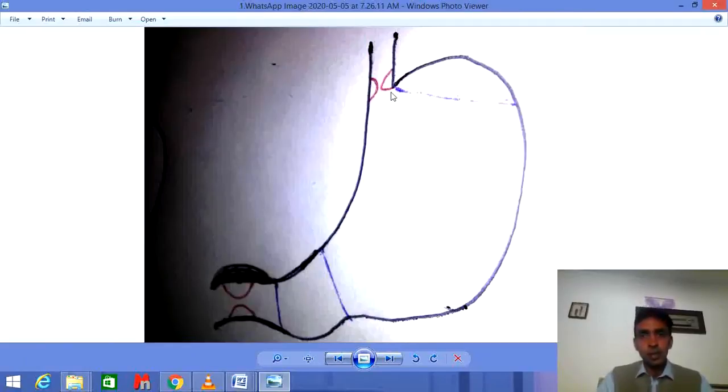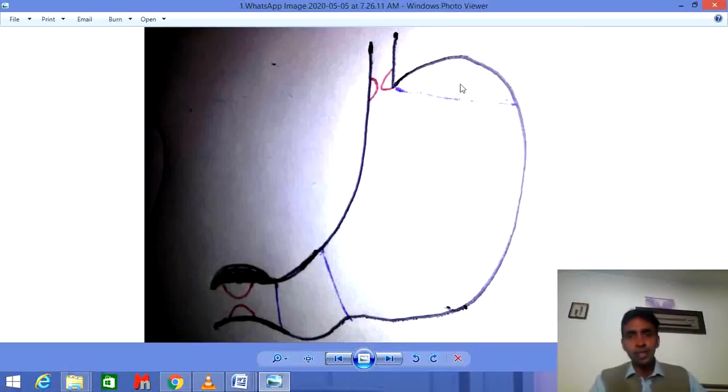Because this sphincter is located on the lower side of the esophagus, it is called the lower esophageal sphincter. It is also called the cardiac sphincter because at this point, in the proximity of this sphincter, the heart is located.